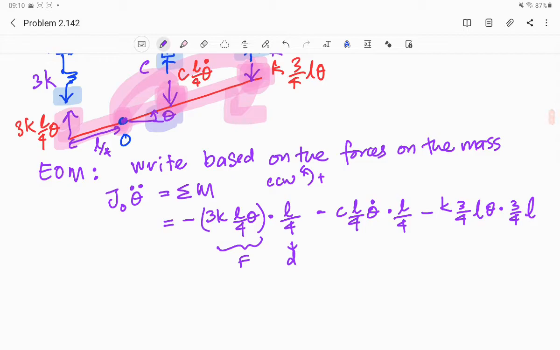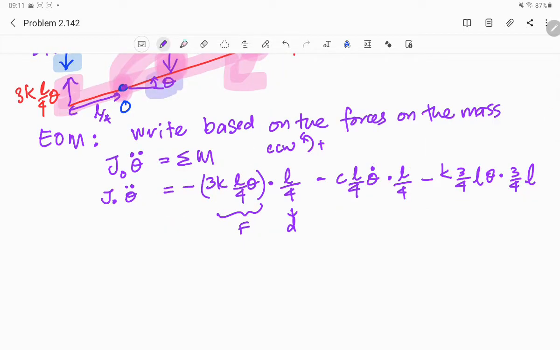Now we just have to rearrange. Once we get that, you collect all the terms for theta together and put everything to the other side. You also have the theta dot, because you want to put everything on the other side of the equation.